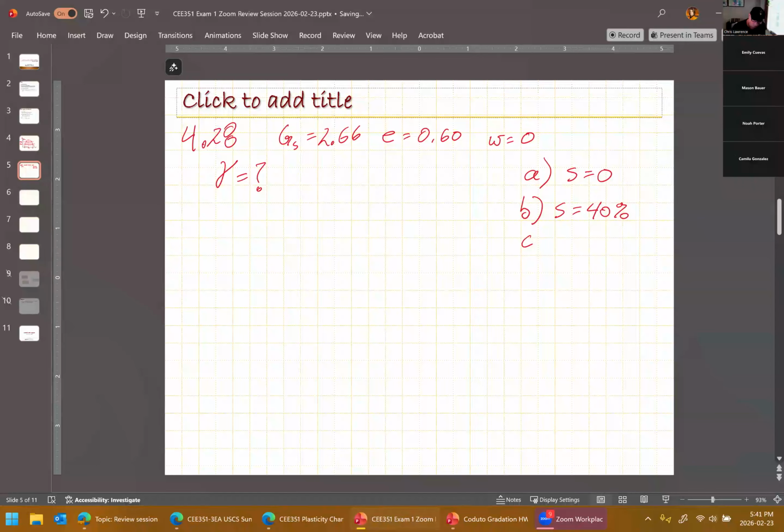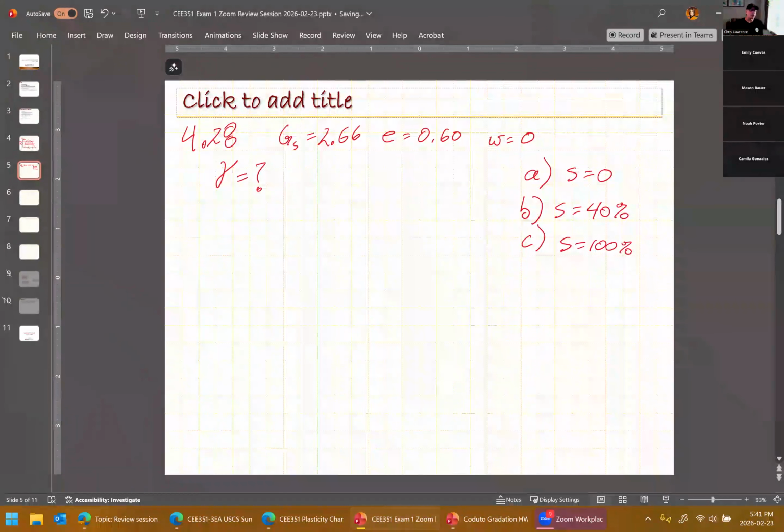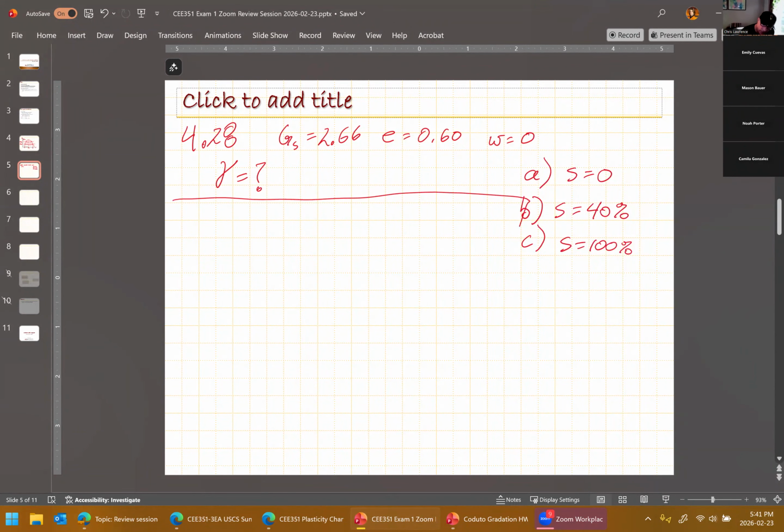And C, what will be its total density, not dry density, total density, when S is 100%, completely saturated? Okay? So this is the question I was asked about. So how do we do this? Well, there are several different ways to do it. Okay, so that is the problem statement. That's what you're given, and that is what's required.